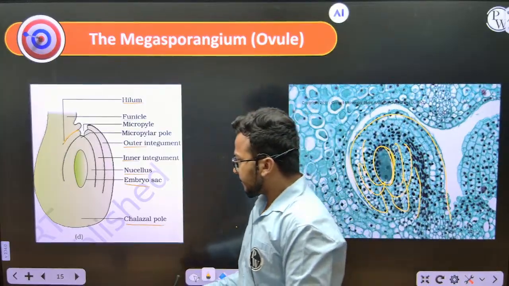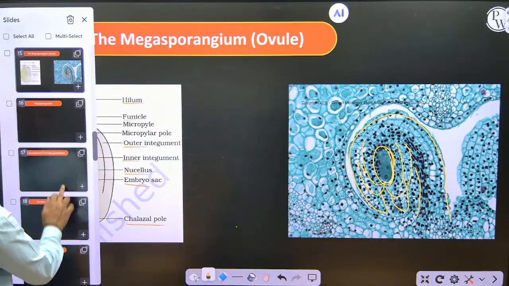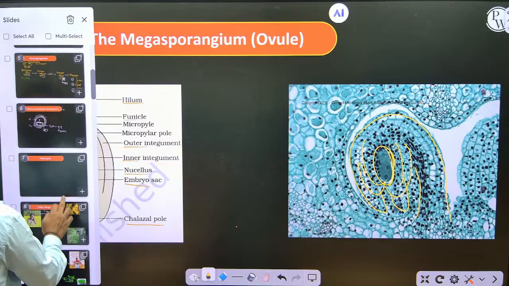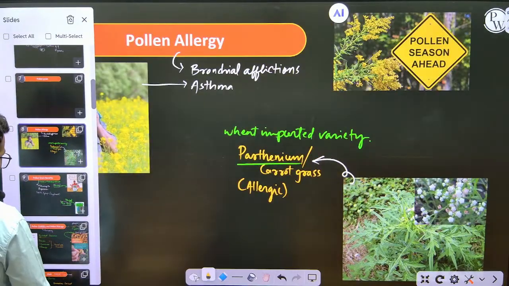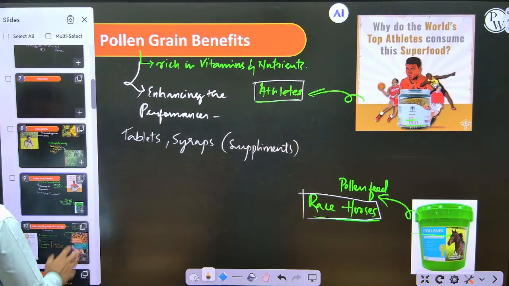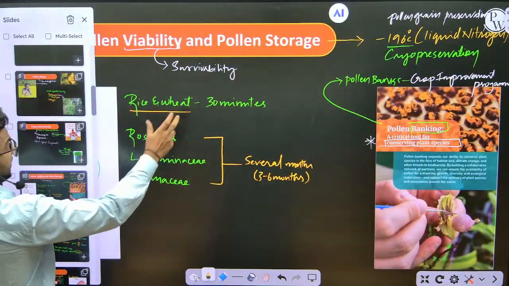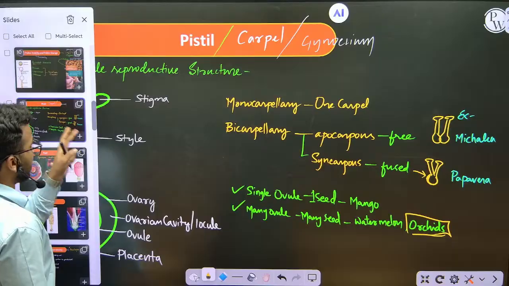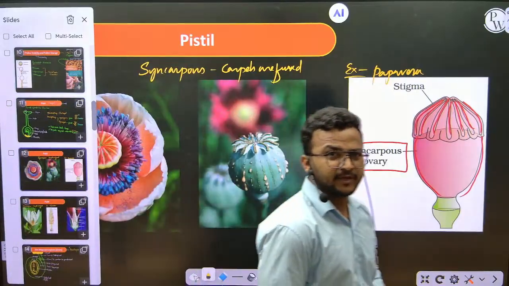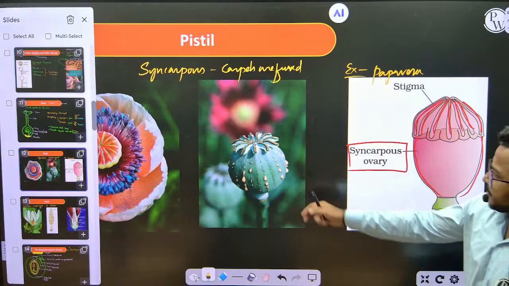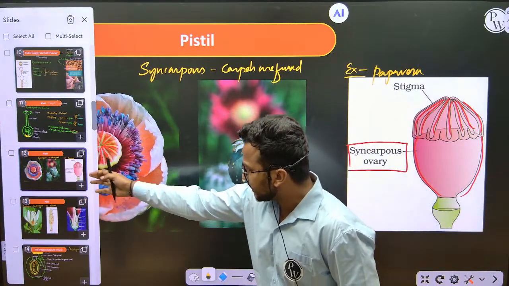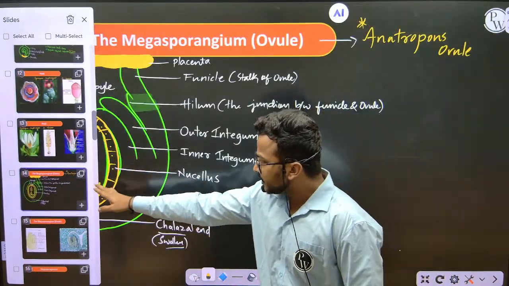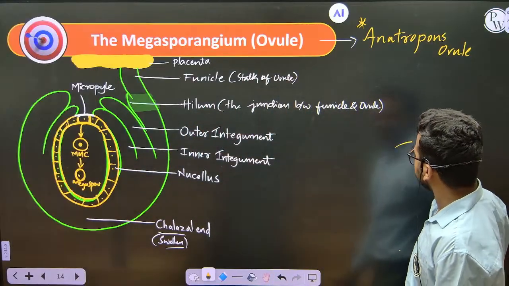In the next session, we will see megasporogenesis, how the megaspore is formed from the megaspore mother cell. In this session, we have seen pollen allergy, pollen grain benefits, pollen viability and pollen storage, the pistil and its parts, syncarpous and apocarpous ovaries, and the megasporangium, that is the anatropous ovule.